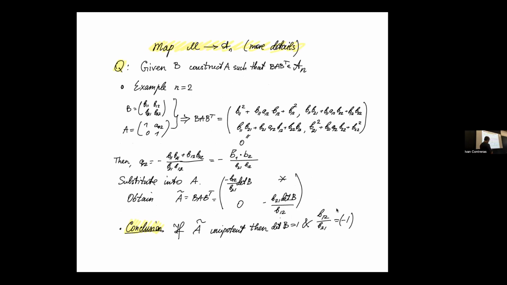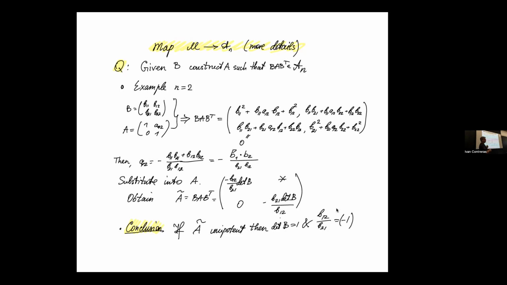Okay. Now, let's try to solve the following simple linear algebra question. Given a matrix B, let's try to figure out for what B we can construct such a unipotent upper triangular matrix A such that B A B transpose is again upper triangular unipotent.